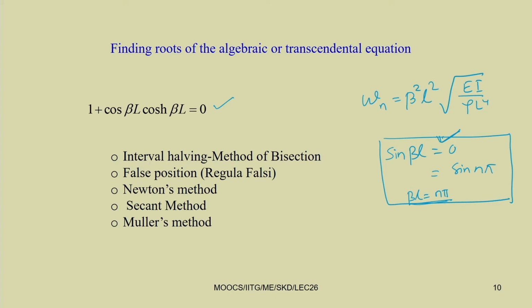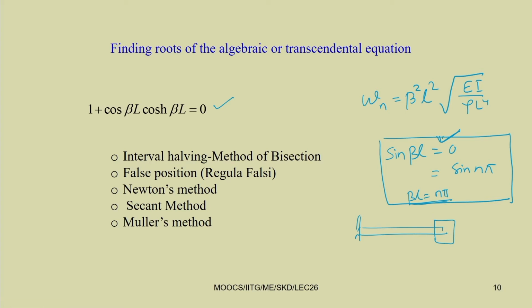Similarly, in case of a cantilever beam with an attached mass, the equation will be different, and in that case finding beta L will be difficult.